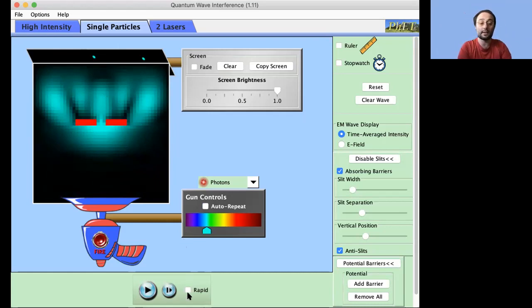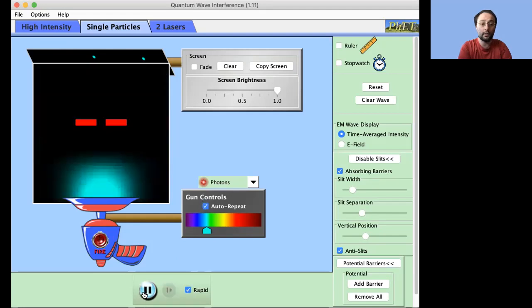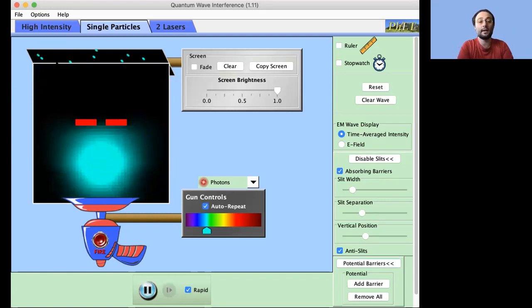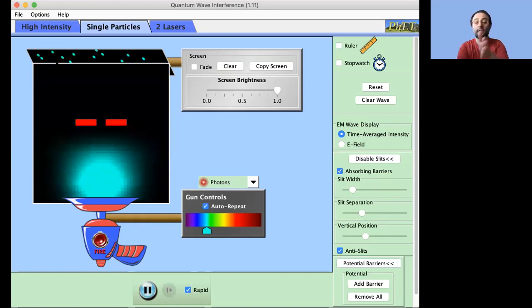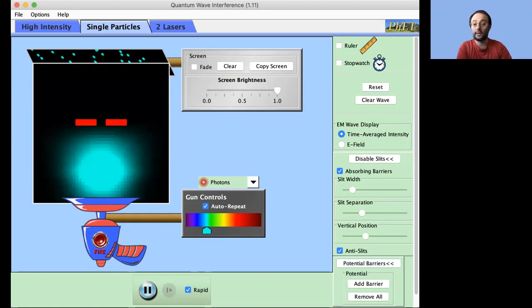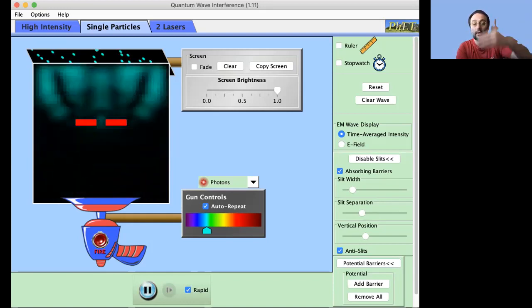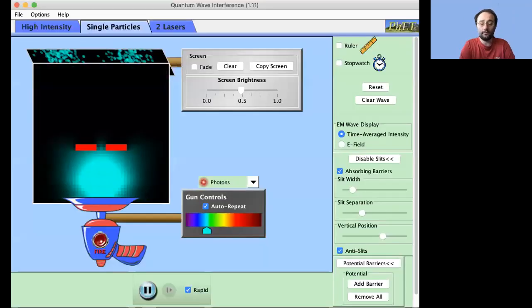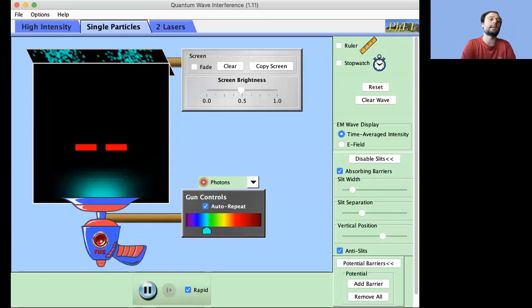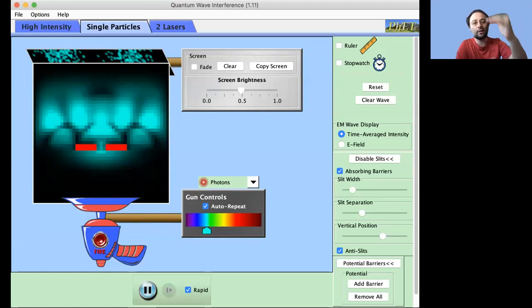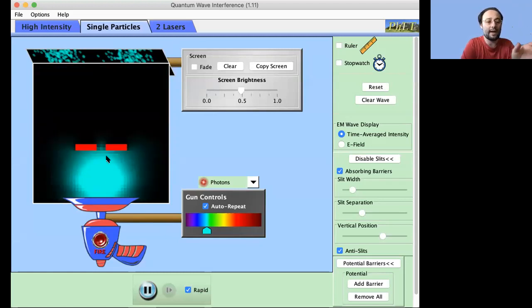So if I repeat this many times and collect statistics, you will see bands of where the photons will be. I'm going to pause, so we don't have to waste time watching how statistics accumulate. Okay, so I accumulated some statistics. I had to move this obstacle with the hole a little bit lower so the pattern would become clearer.